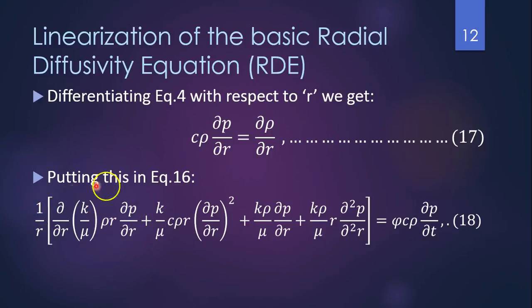Putting this in equation 16, we get 1 by r del by del r k by mu rho r into del p by del r plus k by mu c into rho into r del p by del r whole square plus k rho by mu del p by del r plus k rho by mu r del square p by del r square is equal to phi 0 del p by del t.